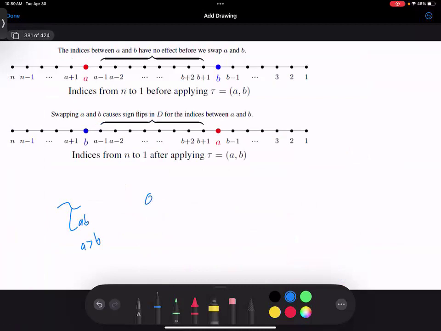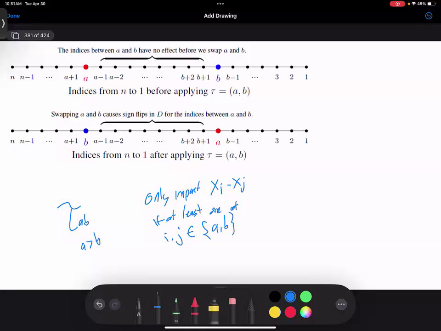So it only impacts xi minus xj if at least one of i and j is in the interval AB. If xi and xj come from indices i and j that aren't in AB, then this has no impact.